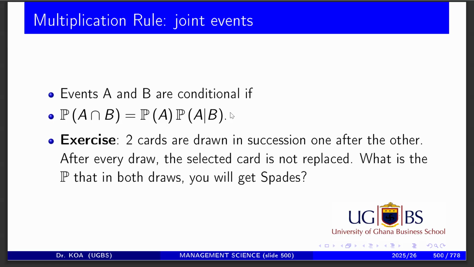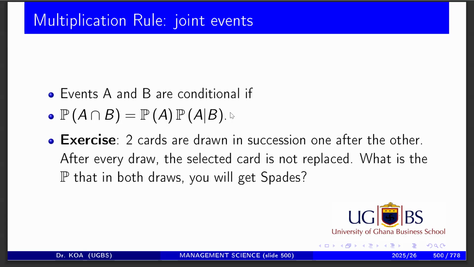The first one is the probability of a spade. But the second one is the probability of a spade, given that there has been a first draw. So what will be the probability there? 12 over 51, because we are dealing with no replacement.